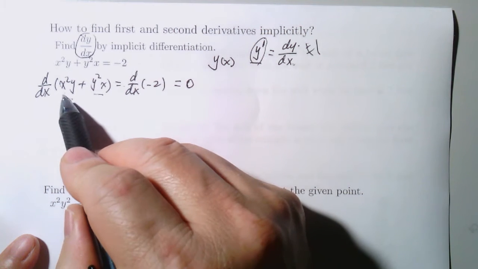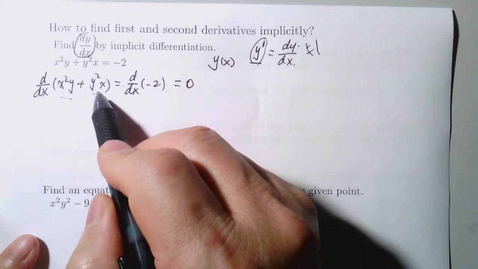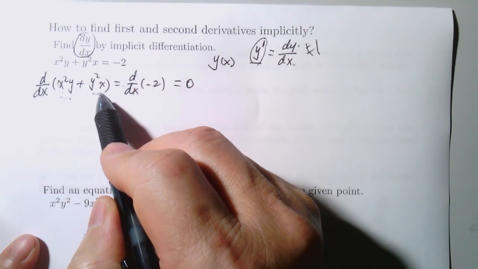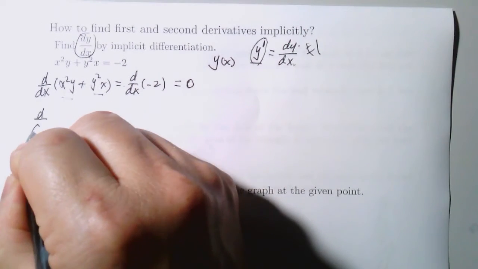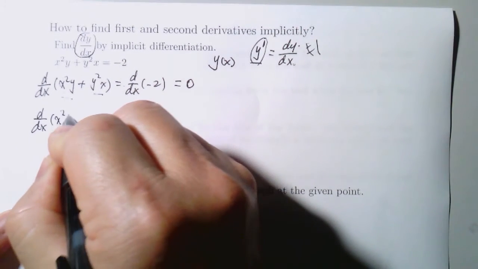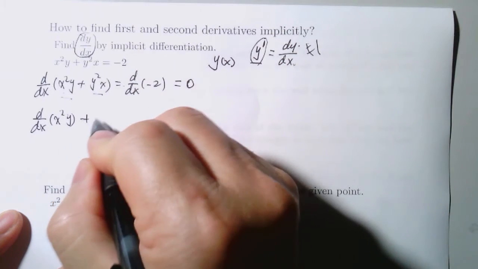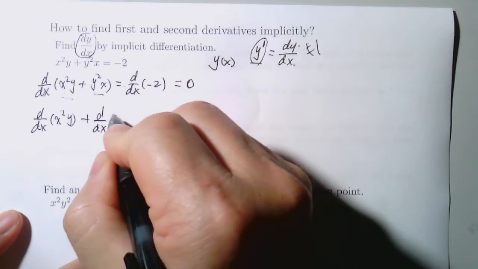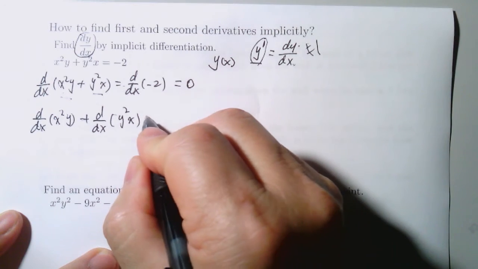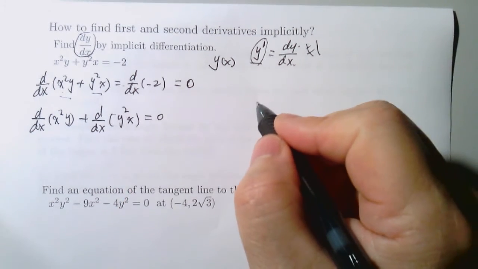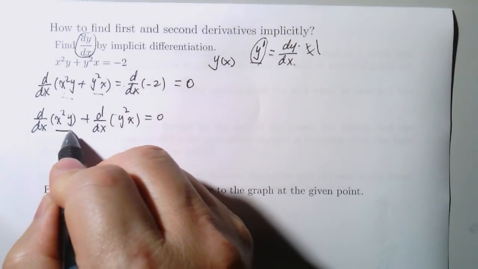So when you take the derivative of each of them, make sure you use the product rule. Here we have d dx of x squared y plus d dx of y squared x, equal to 0. Now we use the product rule.